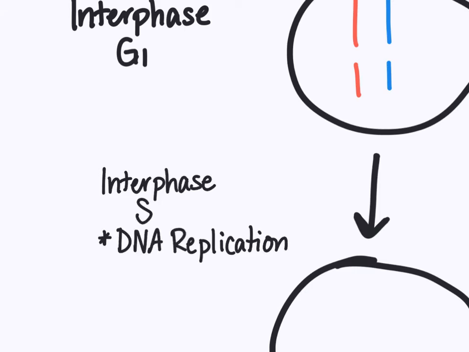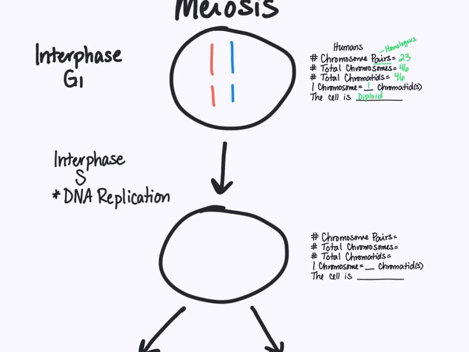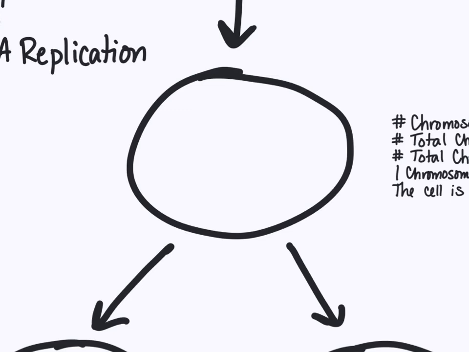So what this means is that after the S phase has occurred, we now have X-shaped chromosomes. And that's because each chromosome is now made up of 2 sister chromatids, or 2 copies of itself that are attached to one another.